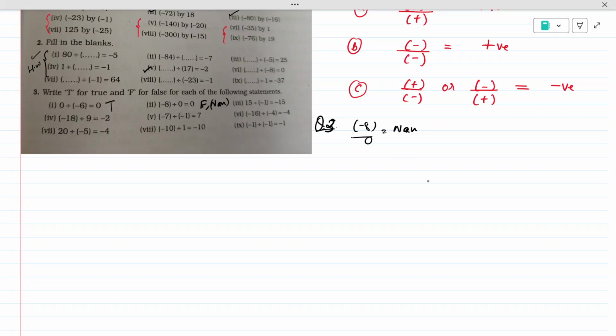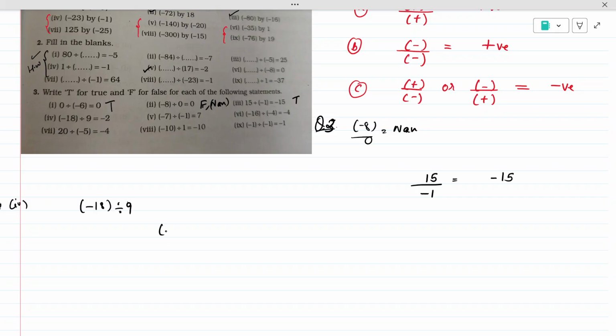Next we have 15 divided with minus 1. Okay, so if we divide 15 with 1, we'll get 15, and plus divided by minus, we will get minus. So minus 15 is here. That means this is true. Next question, 4th part, we have minus 18 divided by 9.